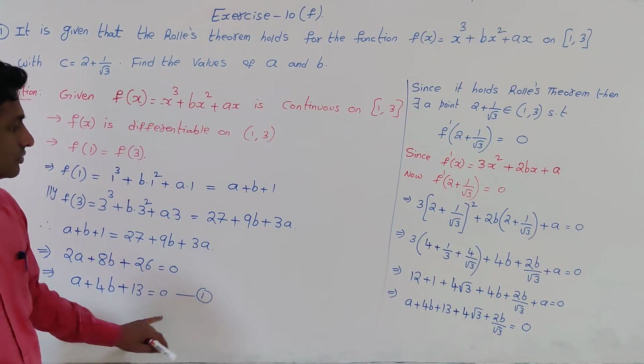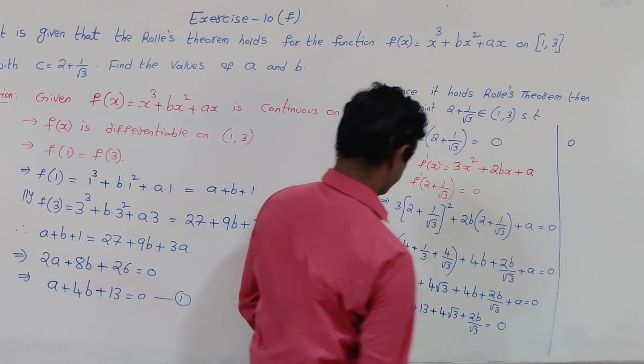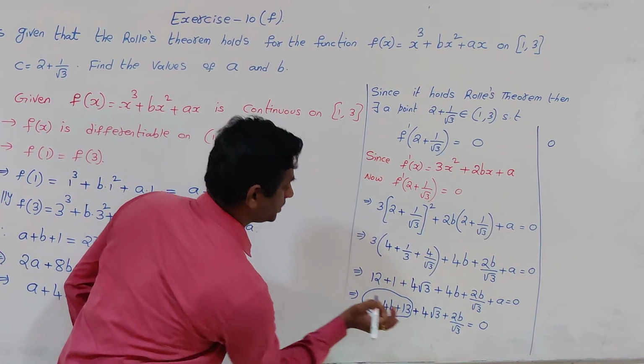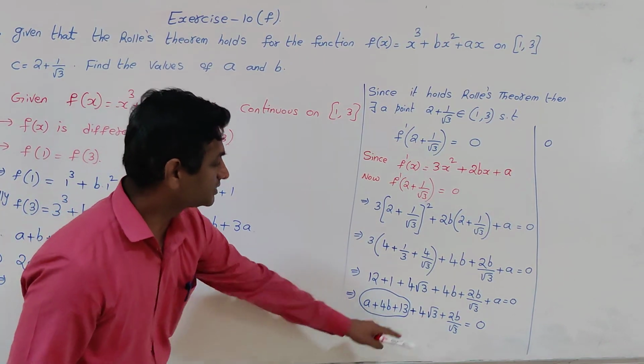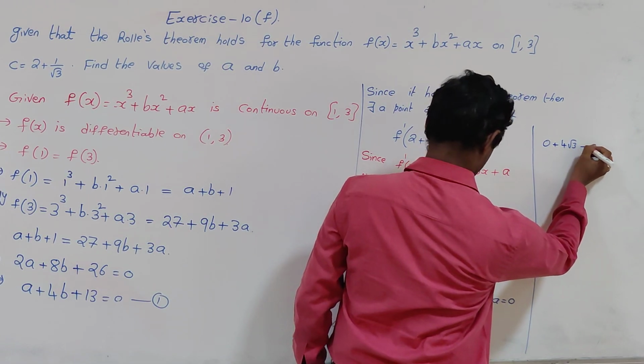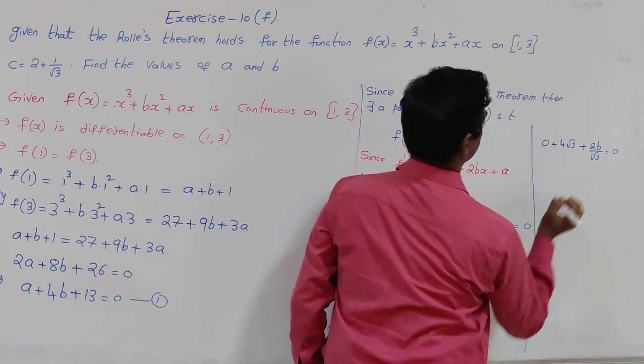So what we have is 0 plus 4 root 3 plus 2b by root 3 is equal to 0.